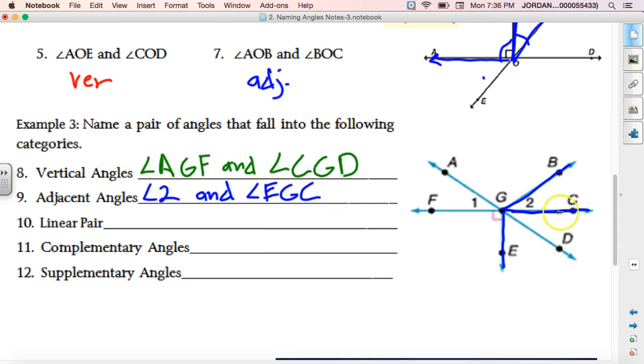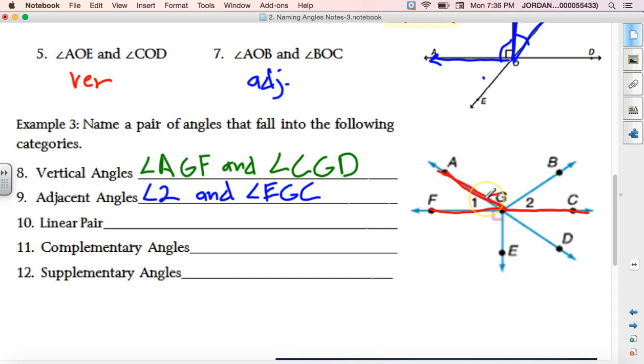Okay, so next, number 10, a linear pair. A linear pair, just to refresh our memory, is a pair of angles that form a line. Two angles that when you put them side by side are making a straight line. So, for example, we got right here FGA, and then AGC.